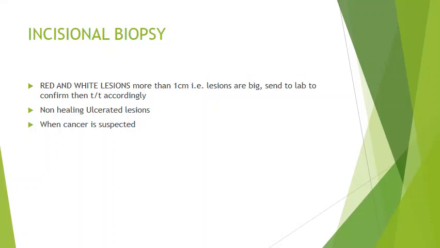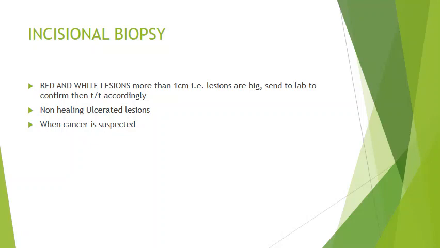Moving on, incisional biopsy. Incisional biopsy is generally done when the area which we have to investigate is larger in size, so that we cannot excise the whole area. Whenever we have red and pigmented lesions, or red and white lesions which are more than 1 centimeter, we do incisional biopsy.